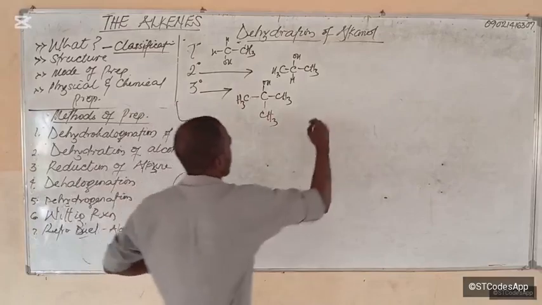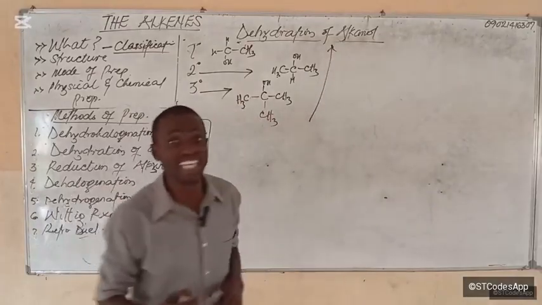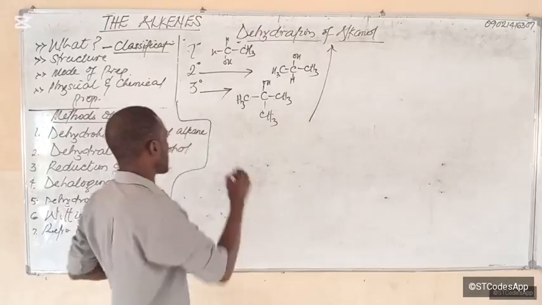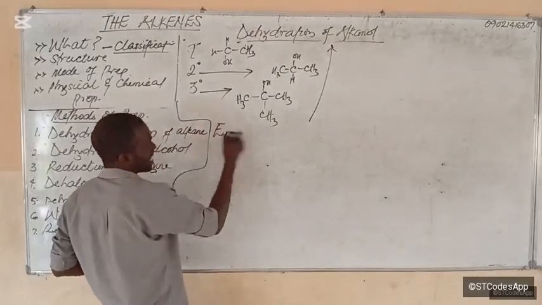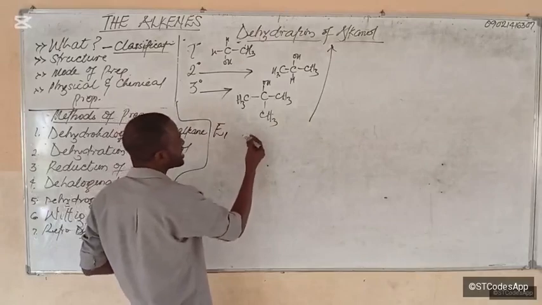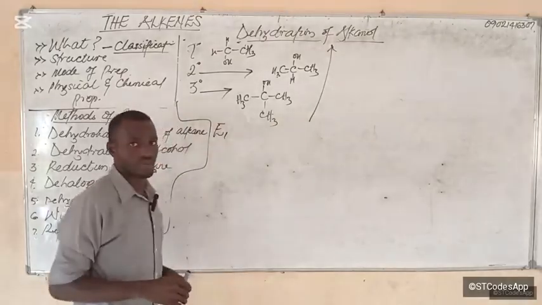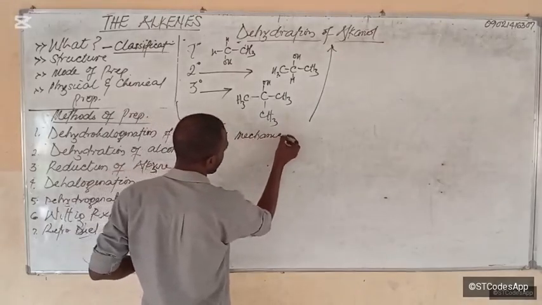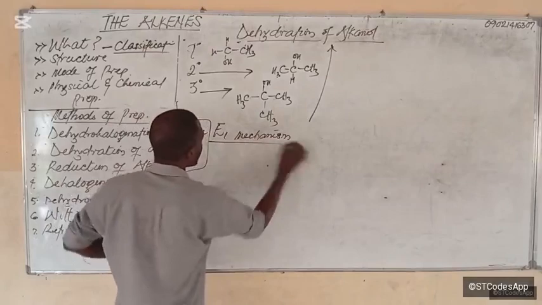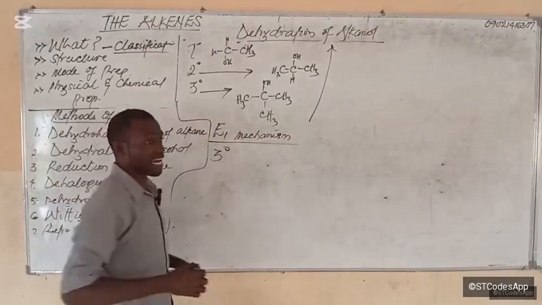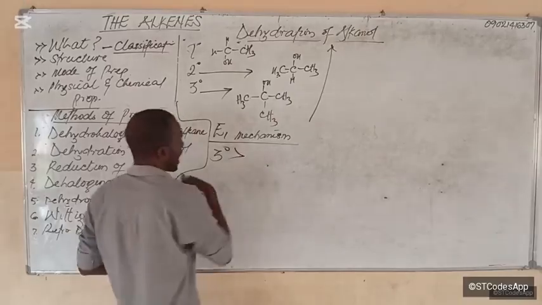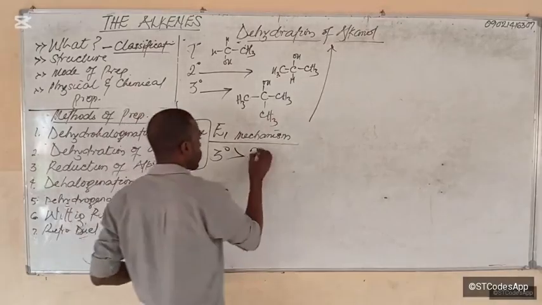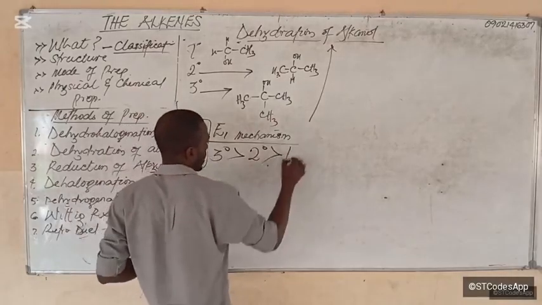Now, in this order, the possibility of engaging in an E1 reaction decreases. Okay? With the E1 mechanism, tertiary alcohols are more likely to engage in E1 than secondary, and secondary ones are more likely than what?